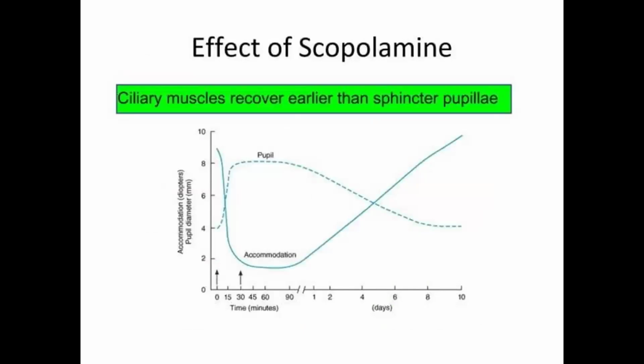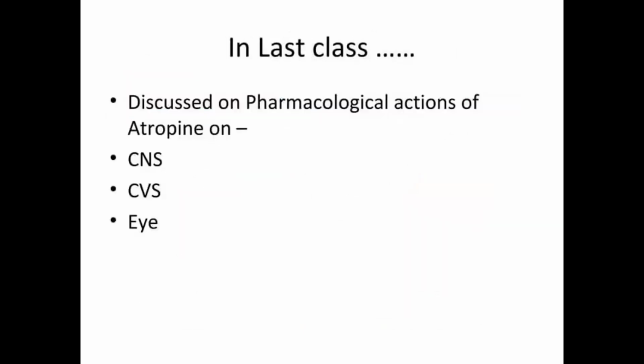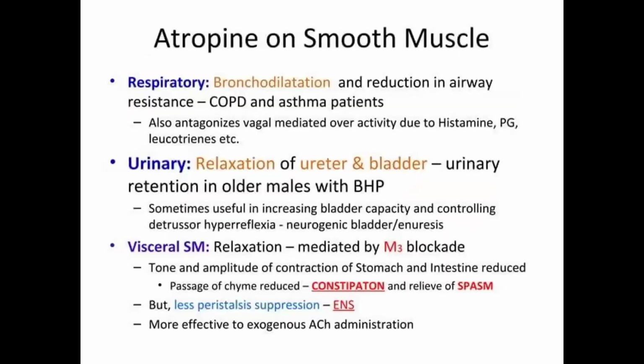This is the dose response curve of the effect of scopolamine on ciliary muscles. So next is atropine on smooth muscle. On the respiratory system, it causes bronchodilation. It decreases the airway resistance.